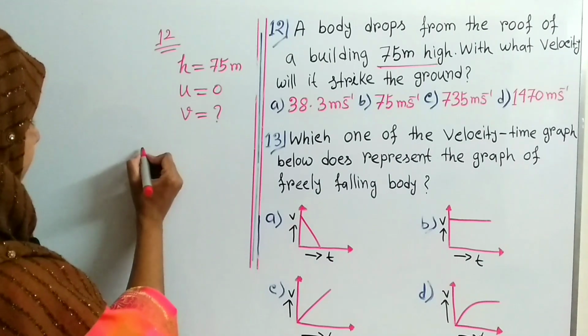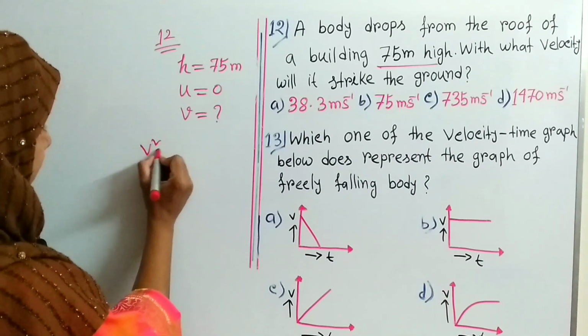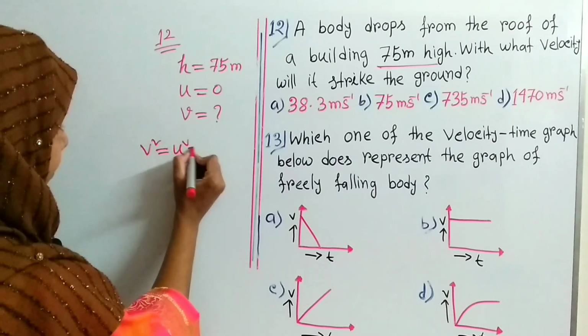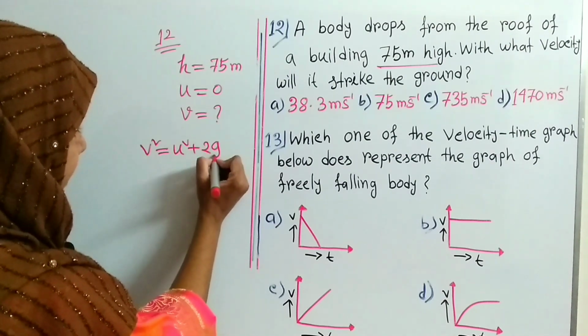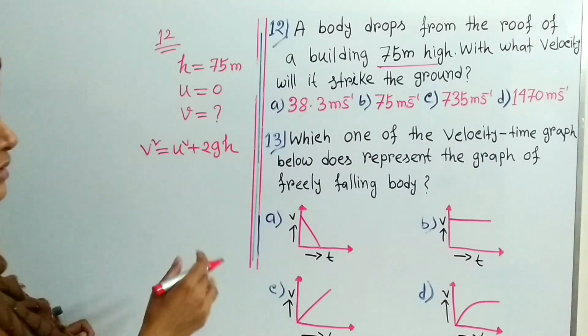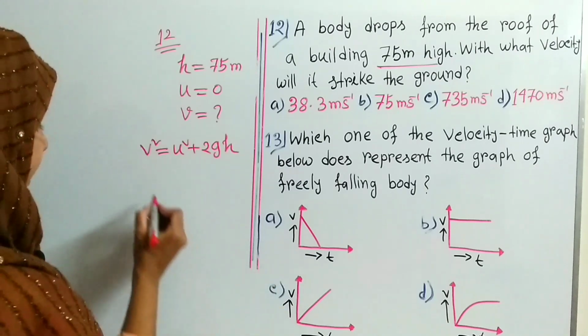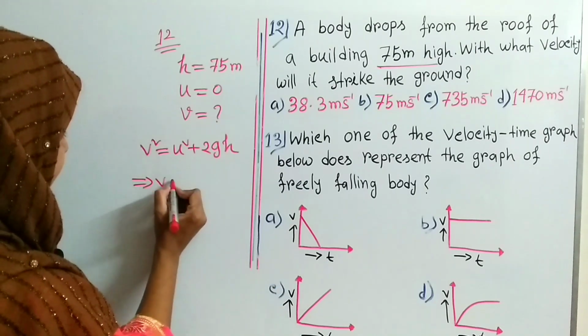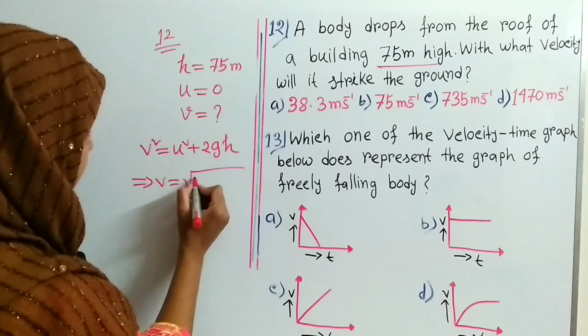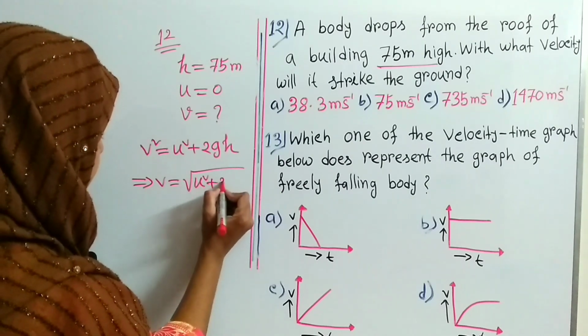And you know that the formula is v square is equal to u square plus 2gh, as here acceleration due to gravity will act. So we can write that v is equal to root over u square plus 2gh.